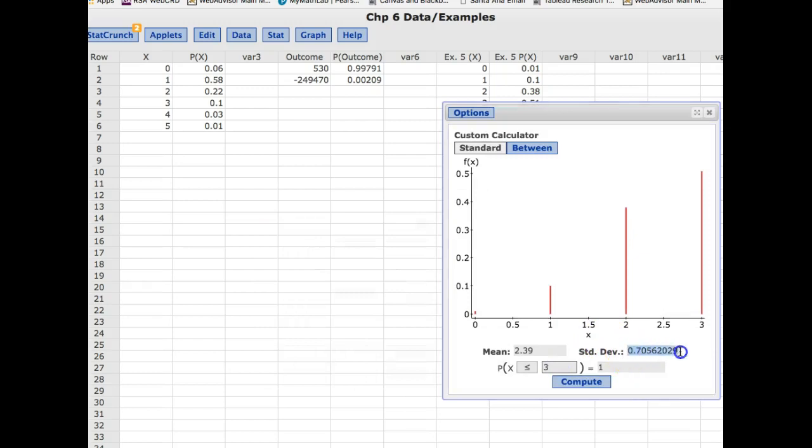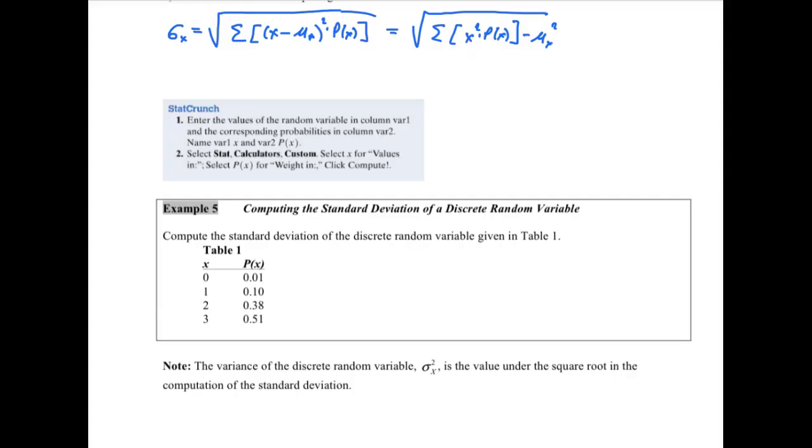And so in this case, the mean would be 2.39, and the standard deviation is 0.7056 or 0.706. And so using StatCrunch here, right, we get a standard deviation of, let's go double check again.